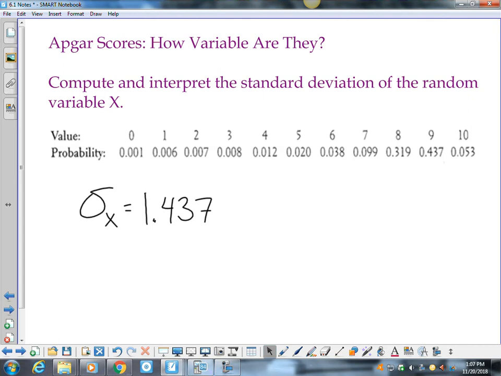Now, tell me what that means. We got babies. We got scores that tell me how healthy they are. This is a standard deviation. Tell me what that means. Don't write a sentence because you're going to mess it up. Let's just talk. Standard deviation. Typical difference from the expected value? Not predict.